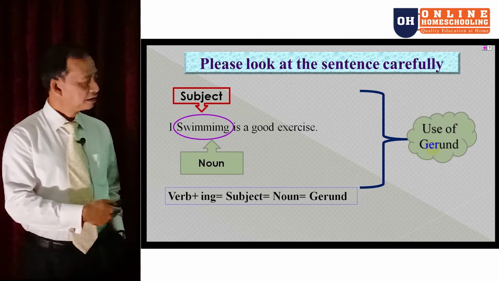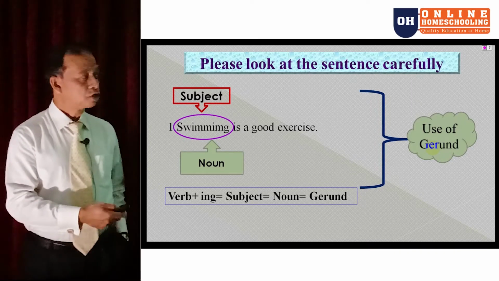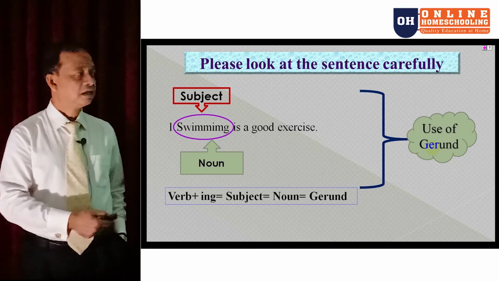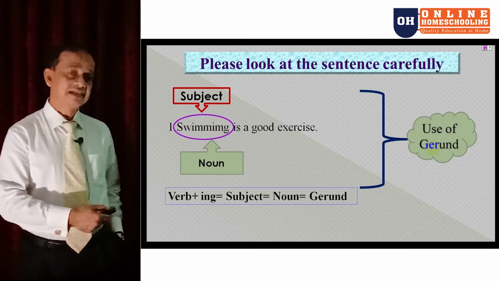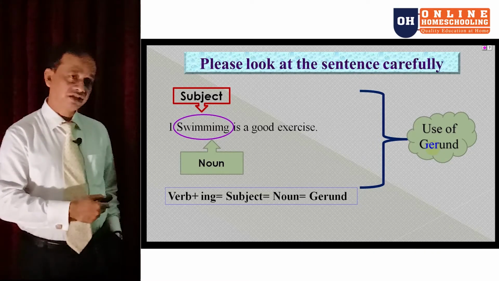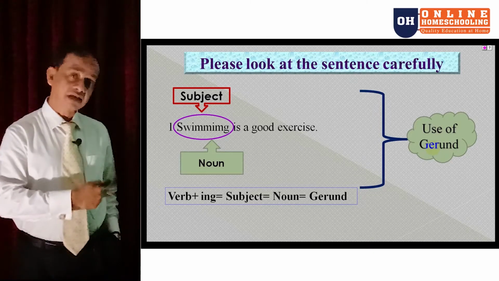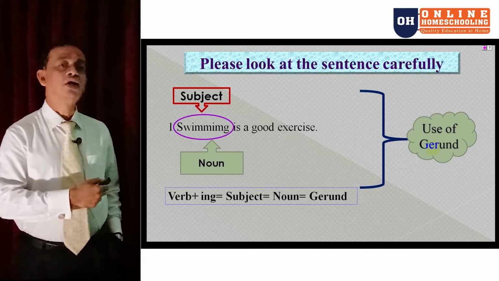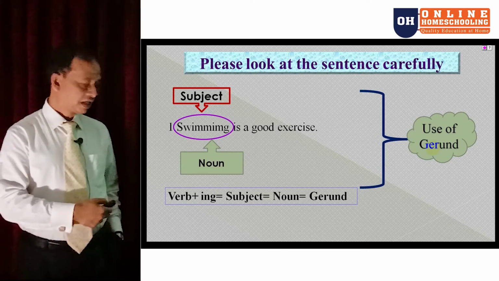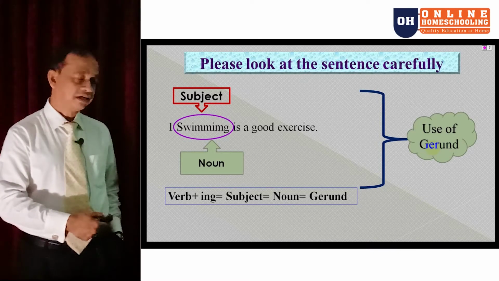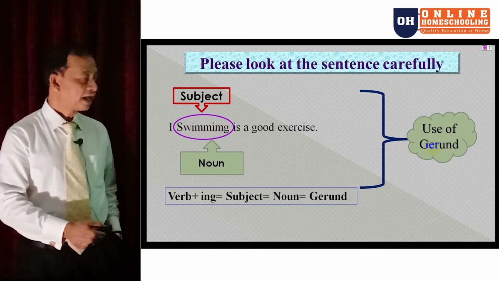When verb plus ing is used as a noun, you have to remember that it will be a gerund. Is it clear to you? Verb plus ing, when used as a noun in the form of a subject of a sentence, is called a gerund.